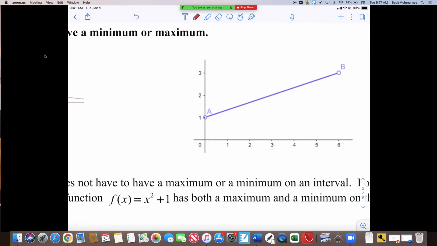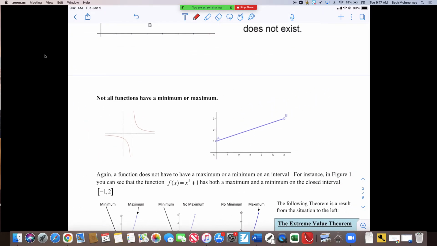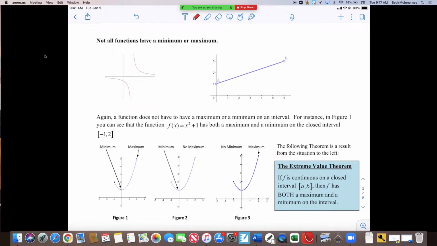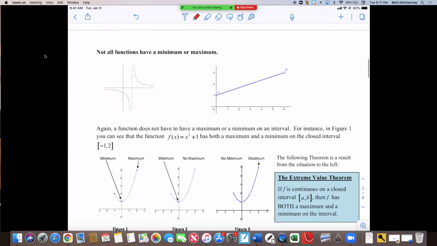I'm getting closer and closer to letter B, but I never actually reach it because of the open circle. So there's no max or min there. It's not just infinitely close to B, it's a limit. Okay, so a maximum has to be a defined value. Yeah, it does have to be a defined value. Great question. Again, a function does not have to have a maximum or a minimum on an interval.